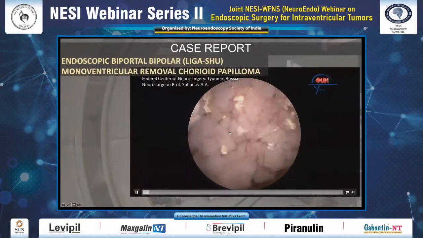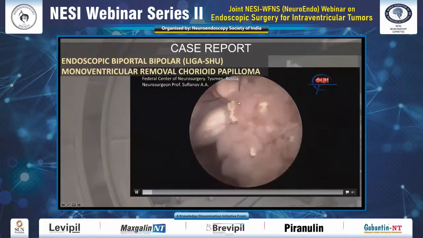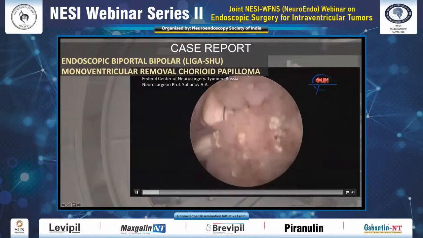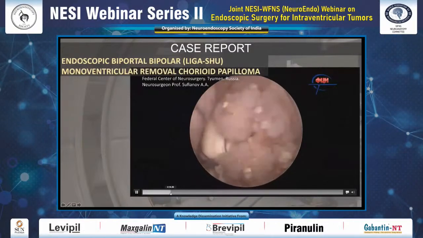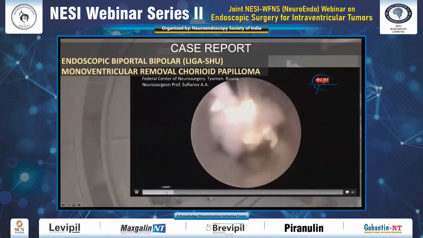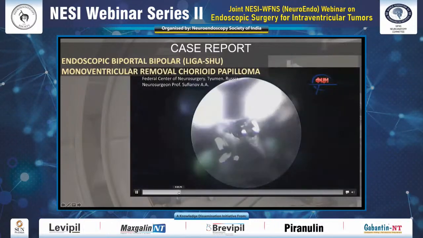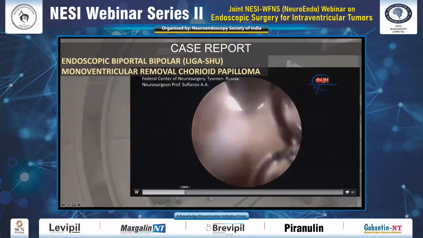You see, I introduce the endoscope by 1 port and review the system, the possibility of surgery. You see the tumor inside, and I try to dissect and remove it piece by piece.